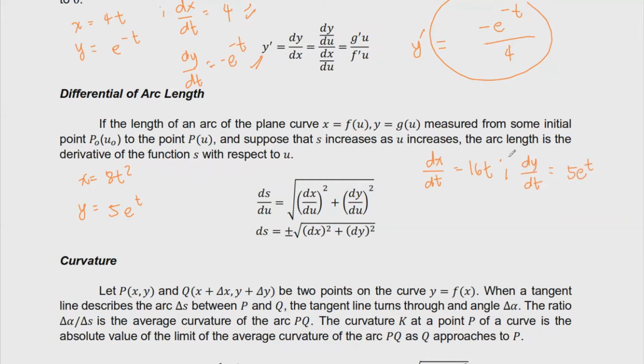It doesn't change. We can just follow this procedure. The derivative of our arc length with respect to t is simply the square root of 16t squared plus 5e raised to t squared. So the answer would be the expression of the differential arc length with respect to t.